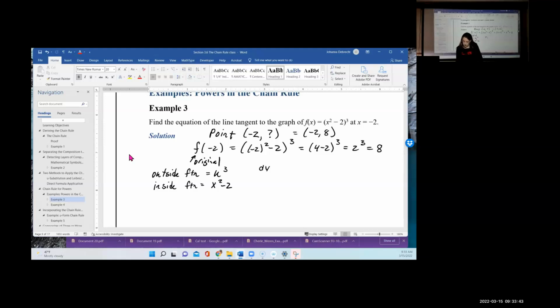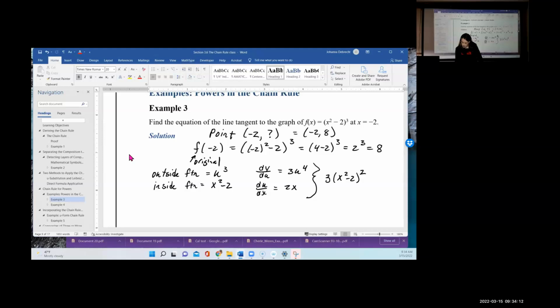So the derivative of the outside with respect to u is 3u to the 4th. The derivative of the inside, x squared minus 2, with respect to x is 2x. Putting this together, we get the 3 times freeze the inside, x squared minus 2 to the power of 2.